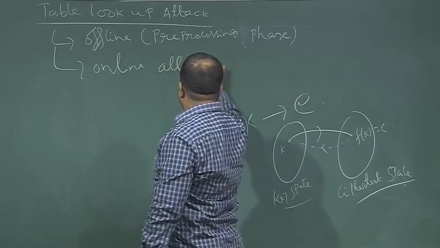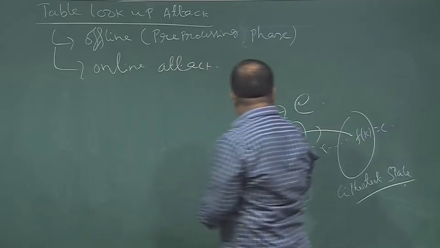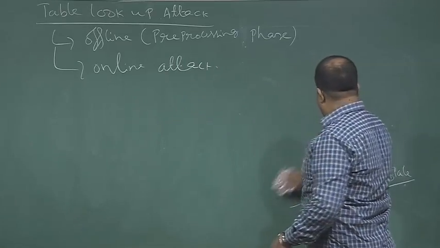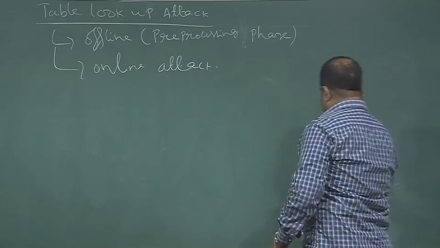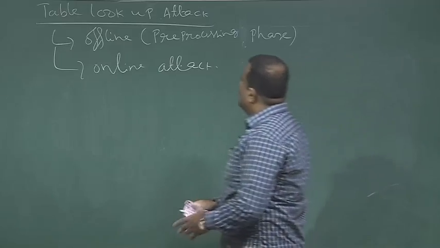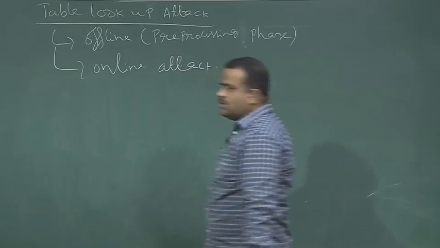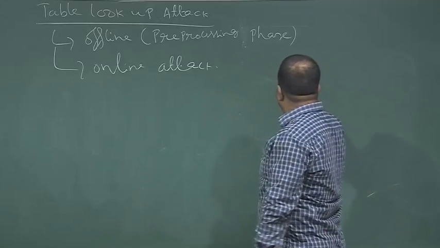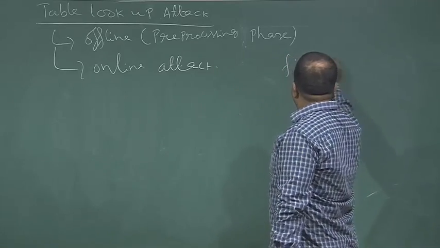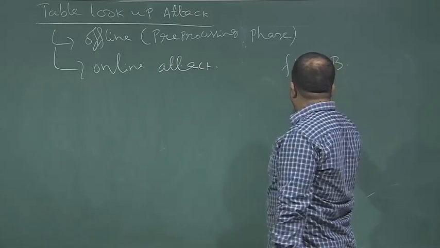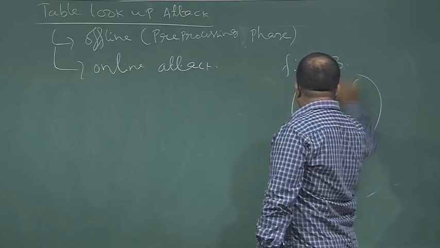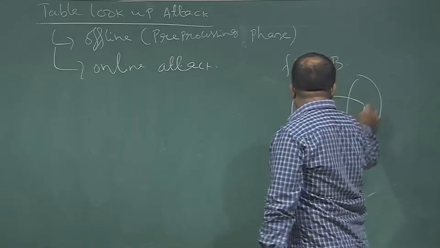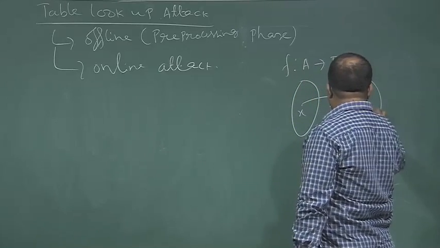Okay. So, what do we do at the offline pre-processing phase? Basically we are converting this function. We have a function from A to B. This is the key space, this is the ciphertext space, we have x and this is f of x.